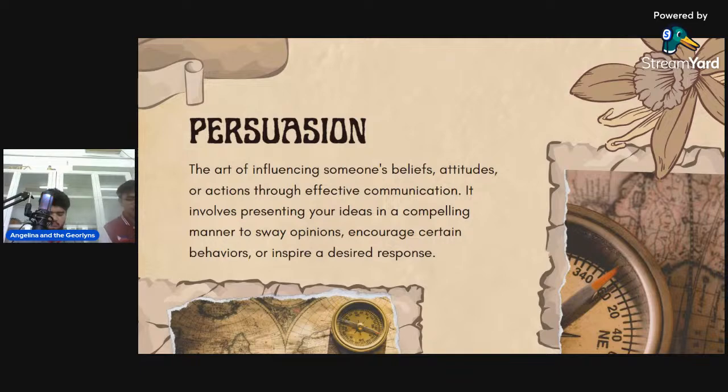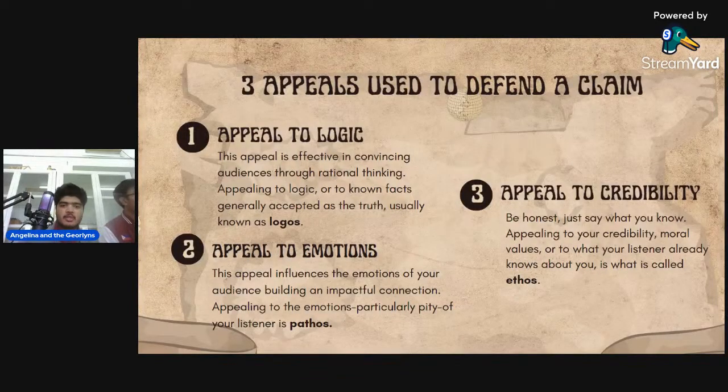It can be through symbols, words, images. It can be done verbally or non-verbally. Persuasion can either be plain or subtle. If you really know how it works, it can really help you in persuading.